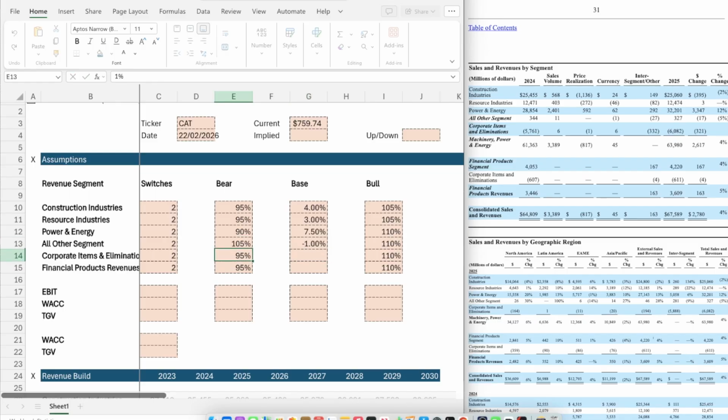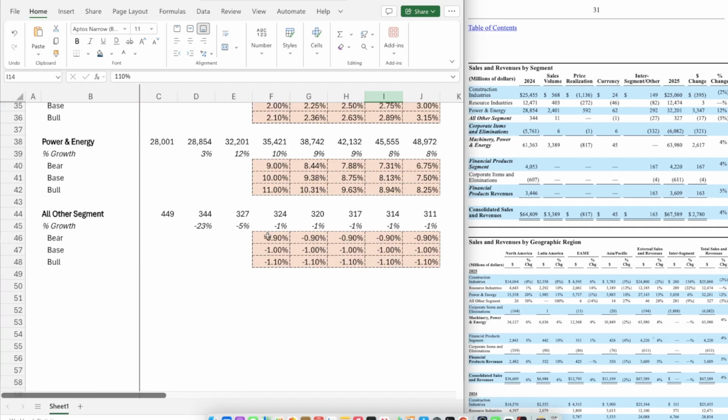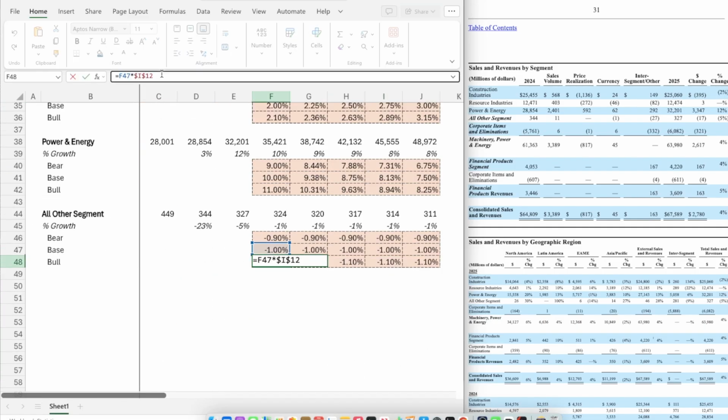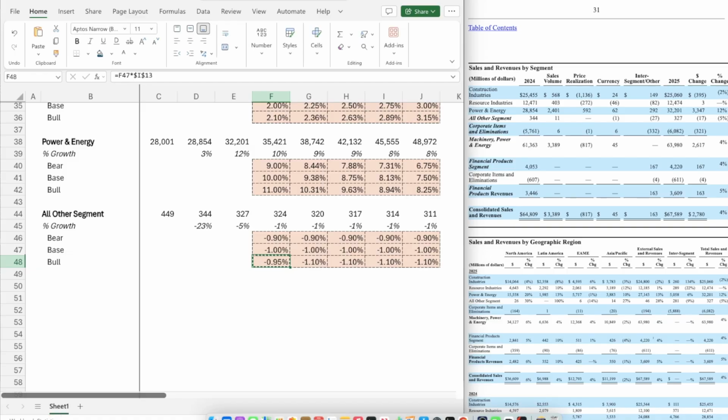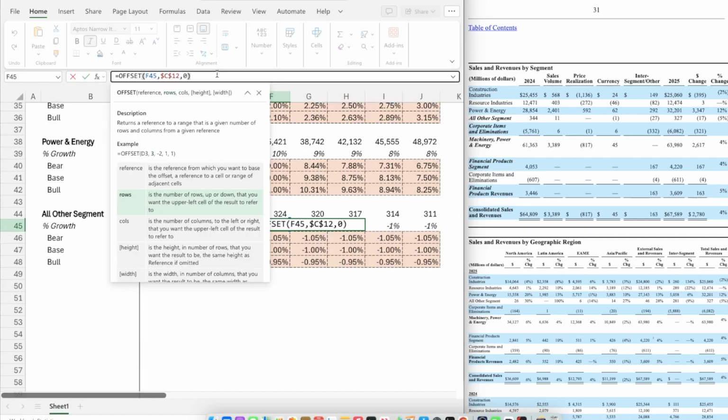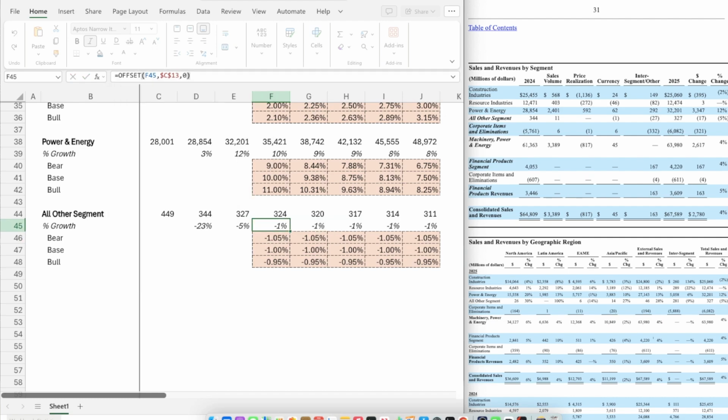This has to be 105. When it's negative numbers, you have to switch the bear and the bull around. Go.